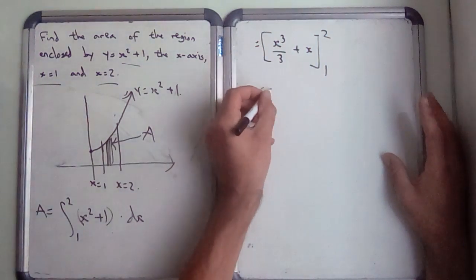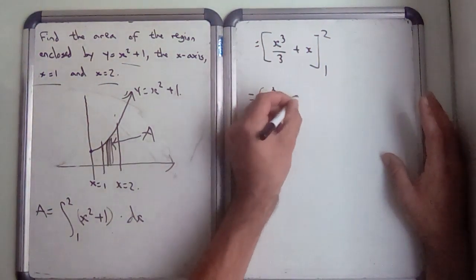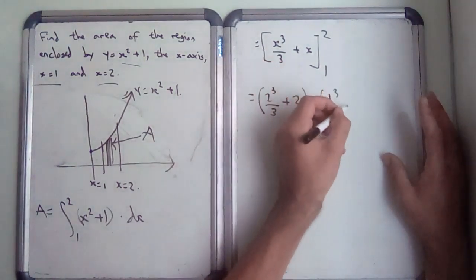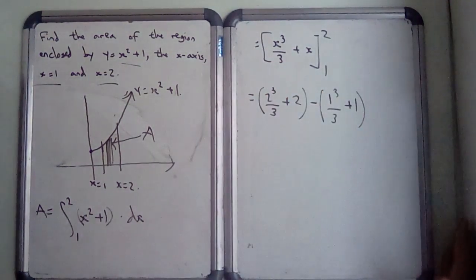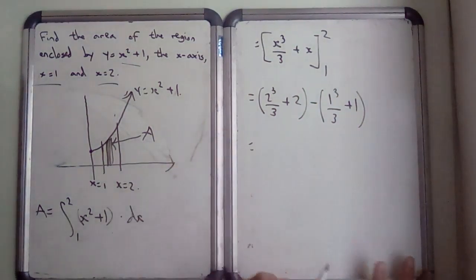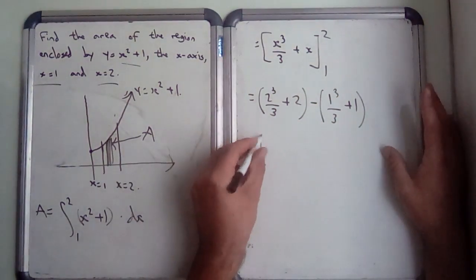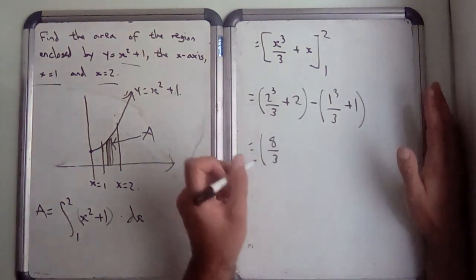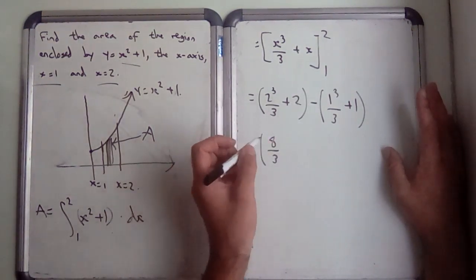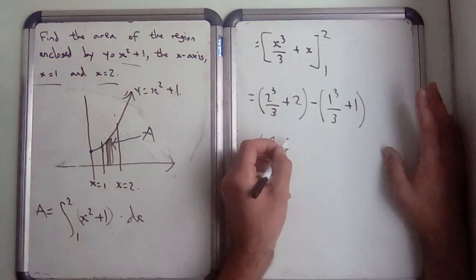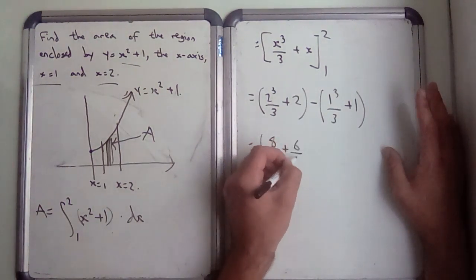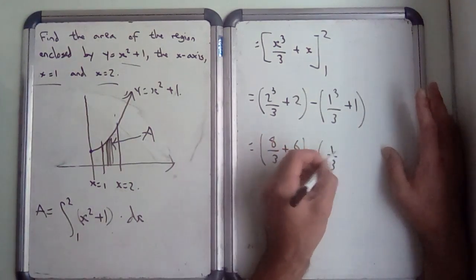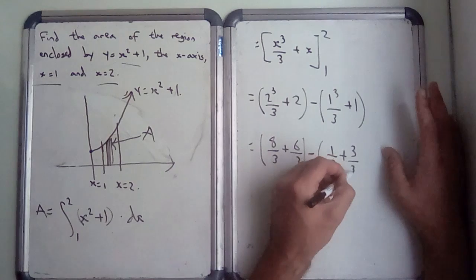So it'll be 2 cubed over 3 plus 2, minus 1 cubed over 3 plus 1. So x cubed over 3 plus x. Well, 2 cubed is 8. So that would be 8 over 3 plus 2, which if we're going to have to add it to 8 over 3, I'm going to call that 6 over 3, minus, well, it's 1/3 plus 1 must be 3/3.